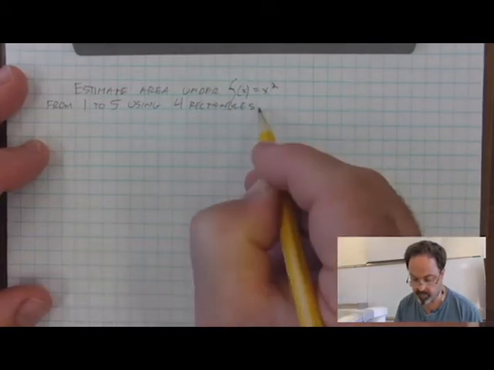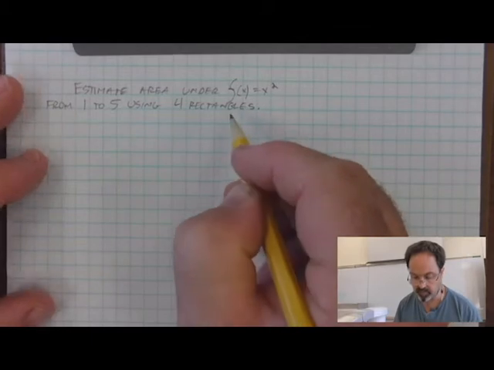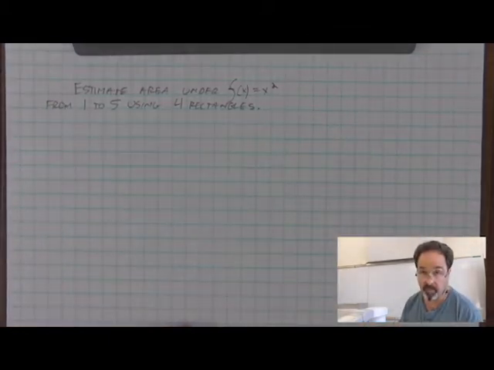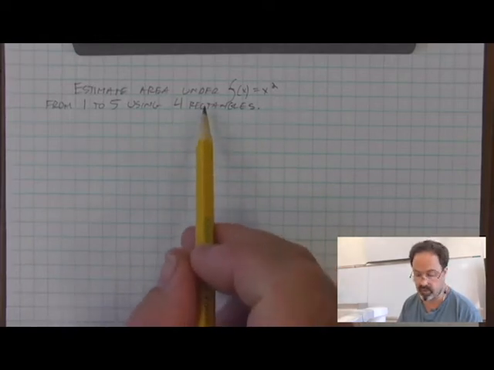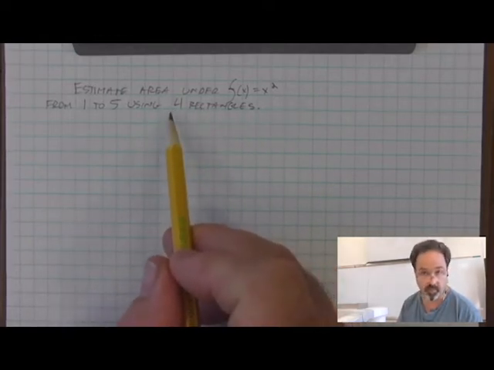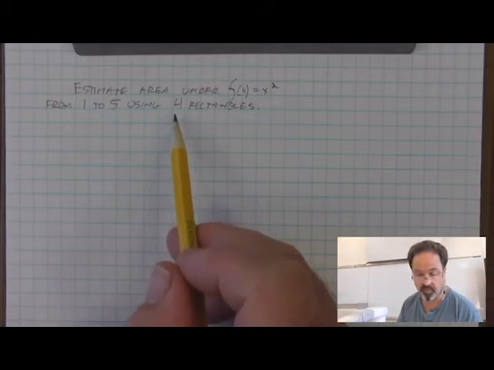Notice in this question it's chosen for us what method of estimate we're going to use, in this case rectangles, and 4 of them, which is crude, but good for an example because it's manageable.